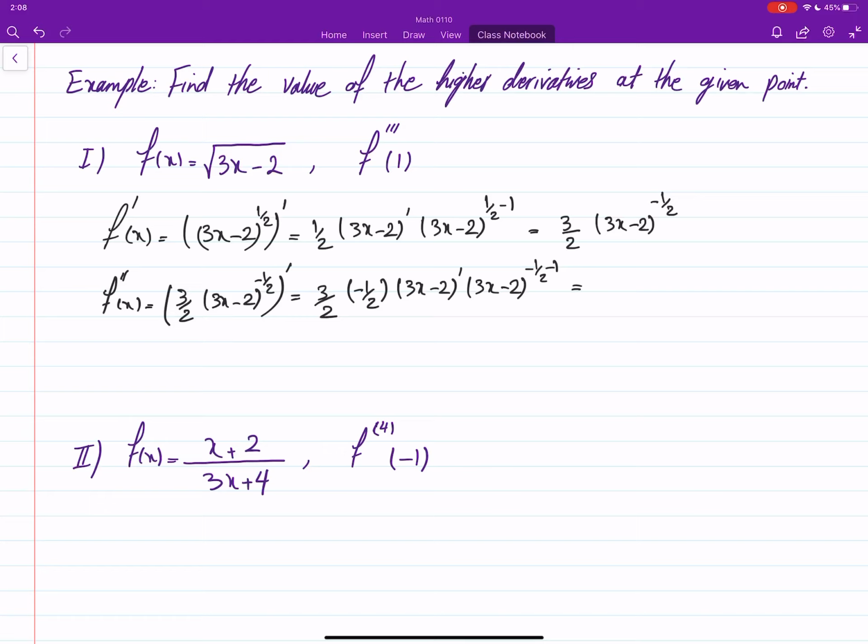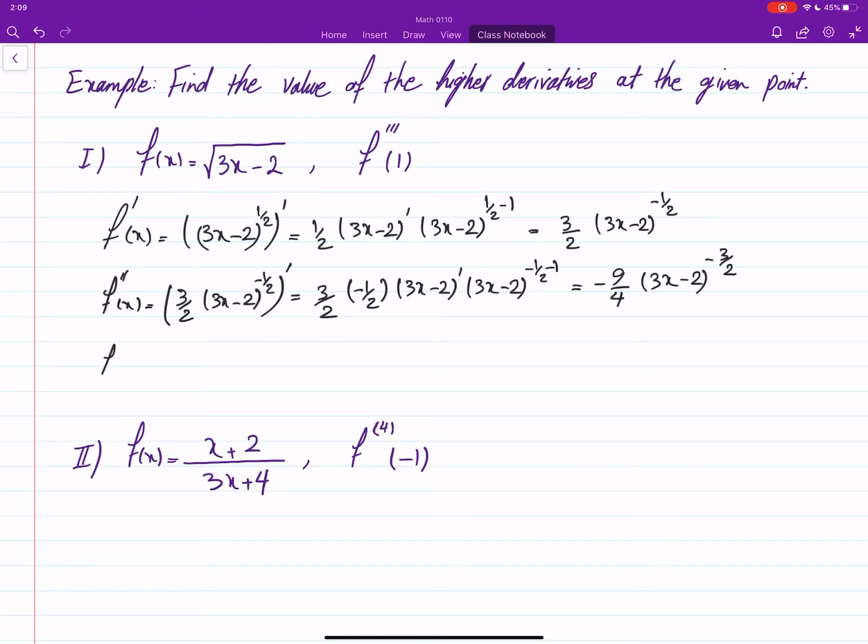And that gives us negative 3 over 4. Well, derivative of 3x minus 2 is 3, so let me write that one too. So it will be 9 in the numerator, and then (3x minus 2) to the power negative 3 over 2.